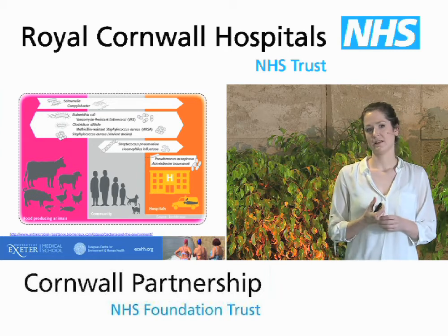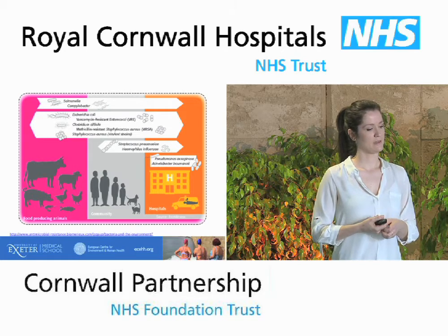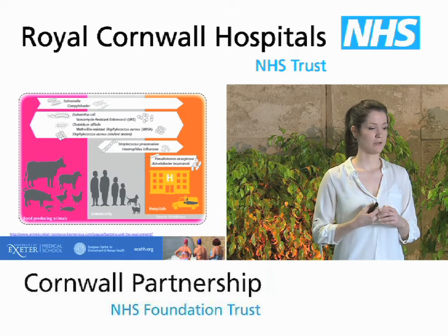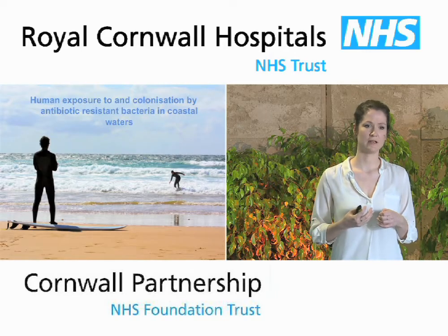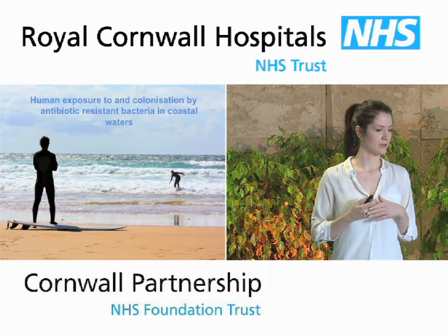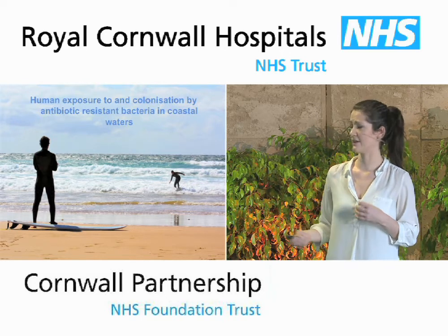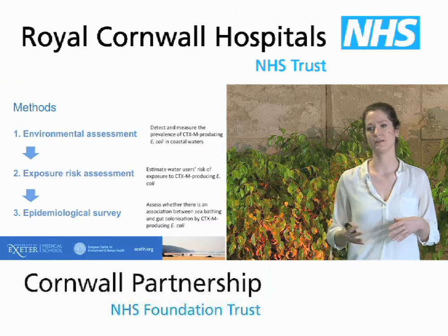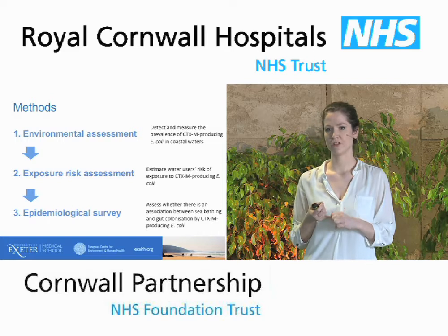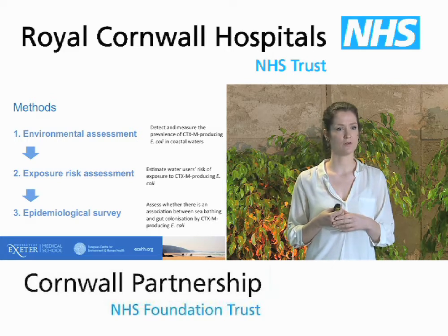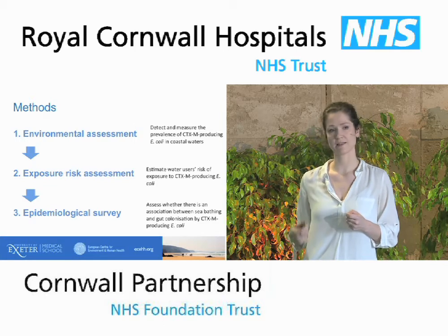So the second study I'm going to briefly tell you about is a study that we did to look at human exposure to and colonisation by antibiotic-resistant bacteria in coastal waters. Again, this involved E. coli. It involved 3 different stages to this method. The first was an environmental assessment, where we aimed to measure the abundance and the prevalence of E. coli that were harboring these CTX-M genes.